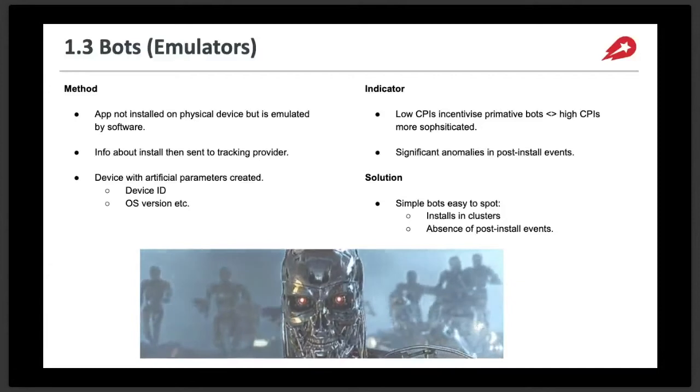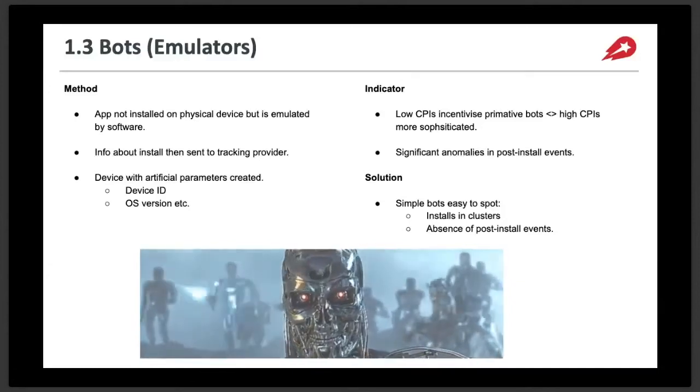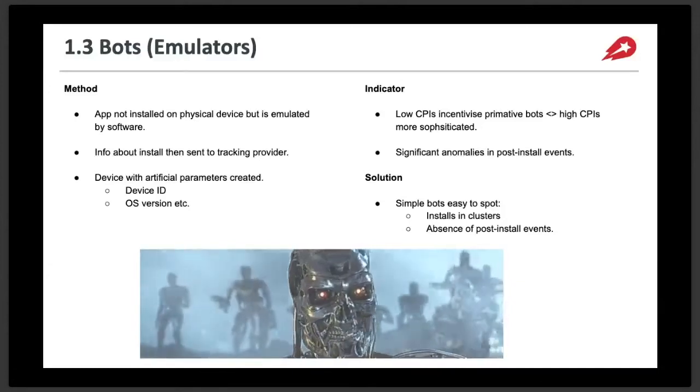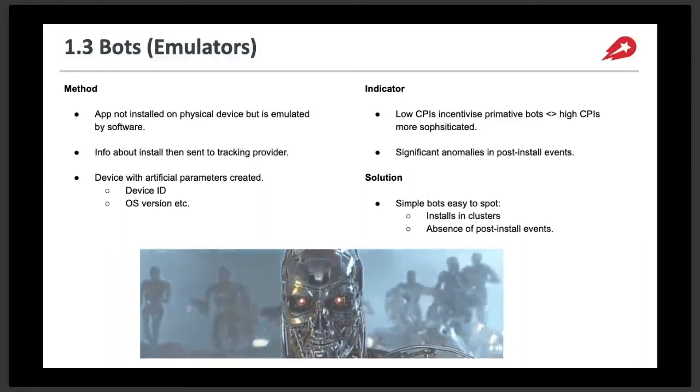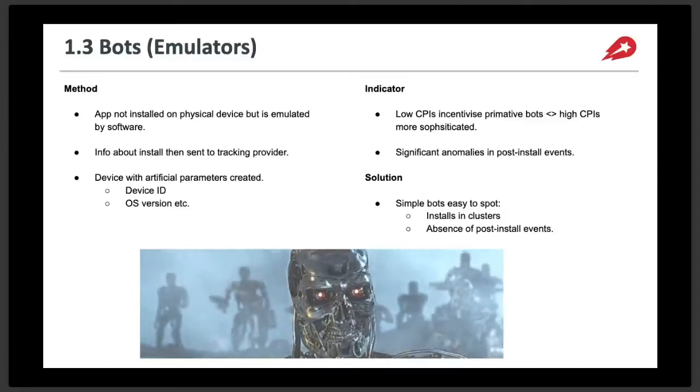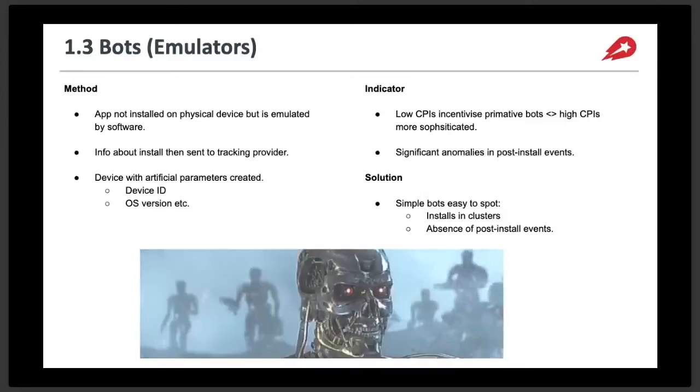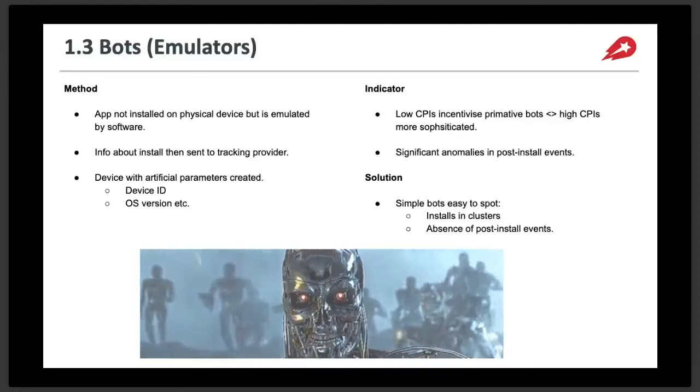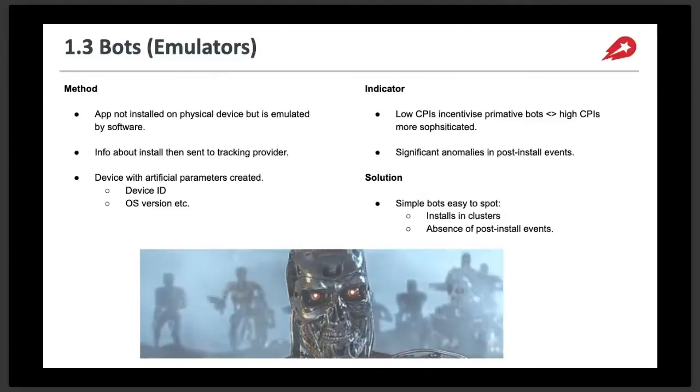They're quite clever. They can create artificial parameters to go along with it. So the install will come in with a legitimate device ID, with a legitimate OS version. All of this is pretty clever, so if you look into it, it looks quite real.